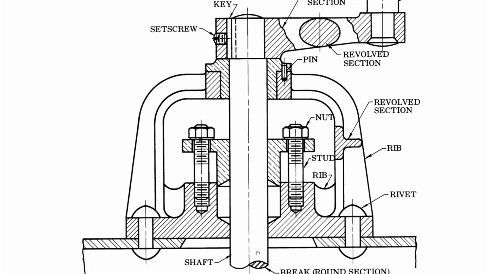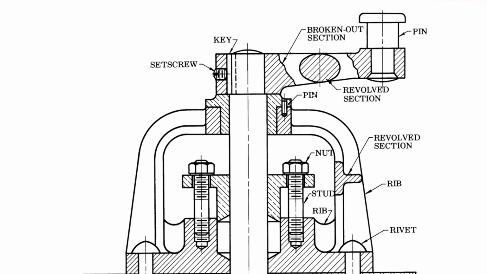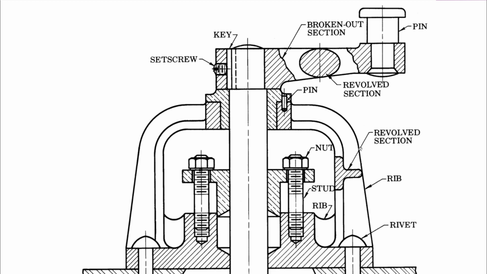And we have some revolve section done here. There's a pin. We've done a broken out section to reveal the shaft, and then we also have a pin here which has not been sectioned. Then we have a revolve section in this section here.